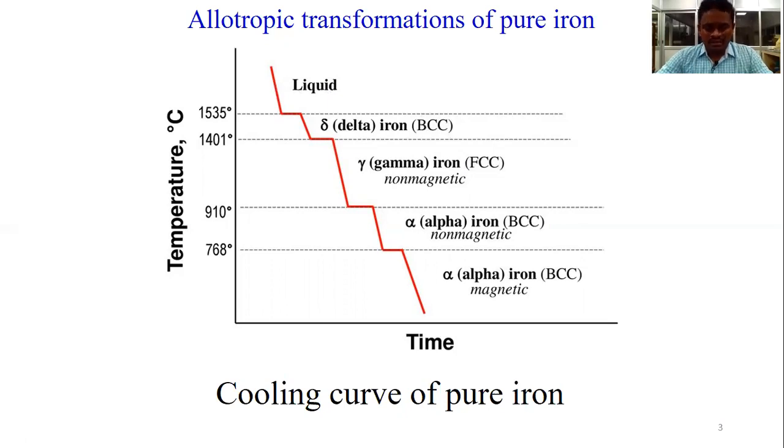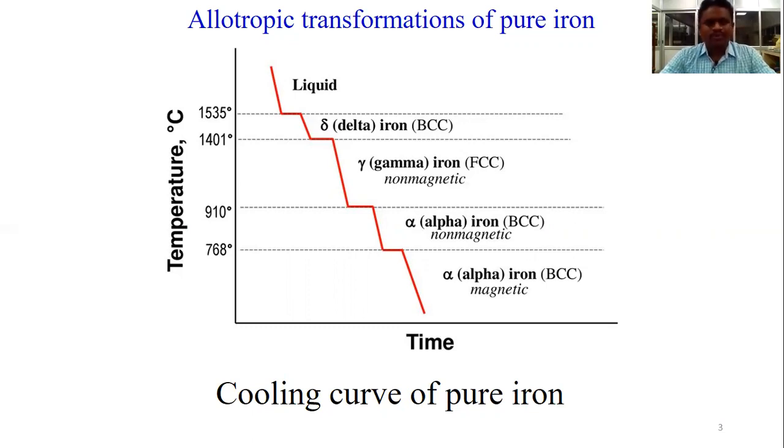And this is the second arrest point. And upon further cooling, the FCC transforms into BCC, body centered cubic crystal structure, which is called alpha iron. As compared to delta iron, alpha iron has smaller crystal constants.